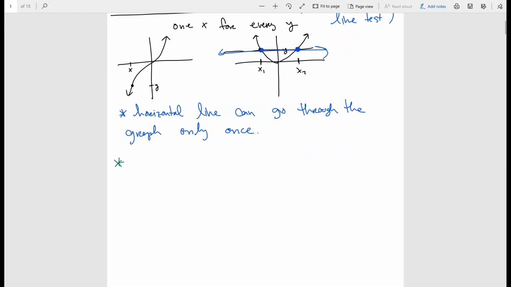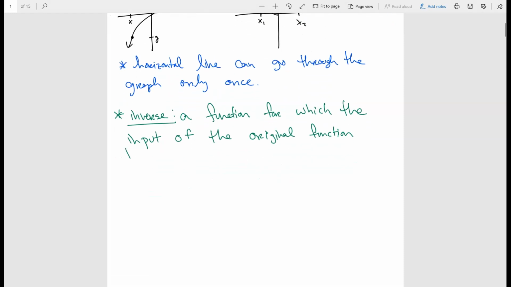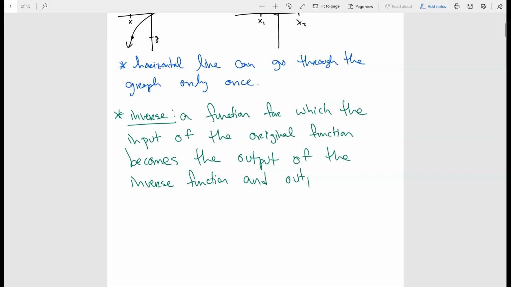An inverse is just a function for which the input of the original function becomes the output of the inverse function, and the output becomes the input. Okay, so that's what an inverse function is.